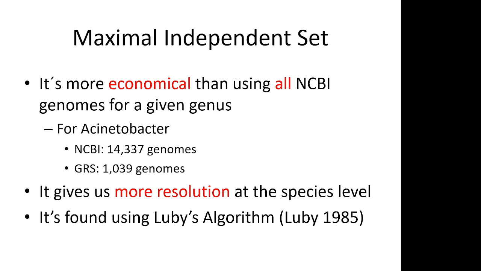Even though the concept of a maximal independent set is relatively simple, we're dealing with graphs with thousands of nodes and millions of edges, and we need an algorithm to find the maximal independent set. The algorithm that we use was developed by Luby, and it's a classic computer science distributed computing algorithm.